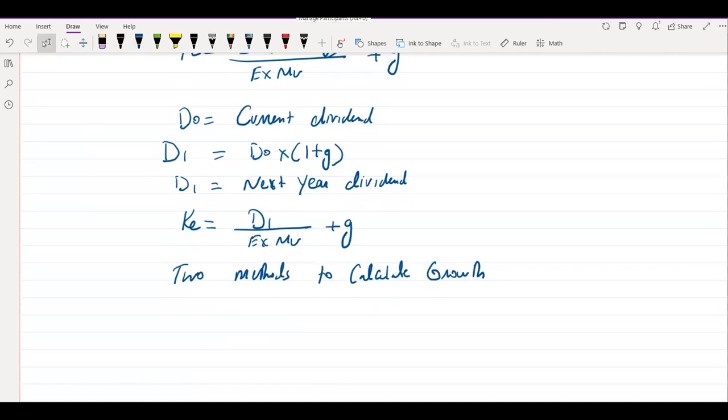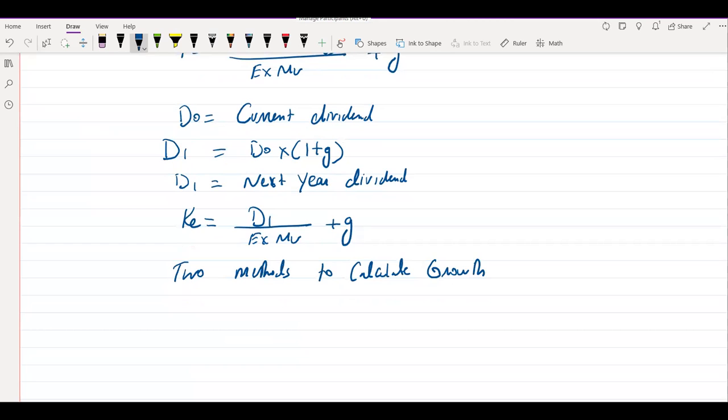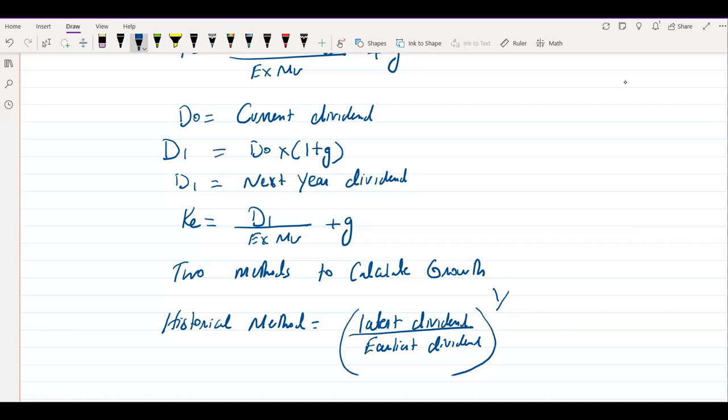Number one method is the historical method. What we do in the historical method: take the latest dividend in the numerator and the earliest, oldest dividend in the denominator, raised to the power 1 over n, minus 1. Remember this, n is the number of years except the base year. So actually this is the number of jumps.